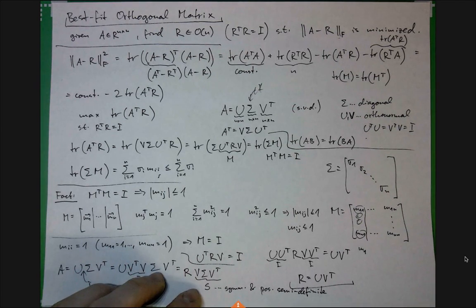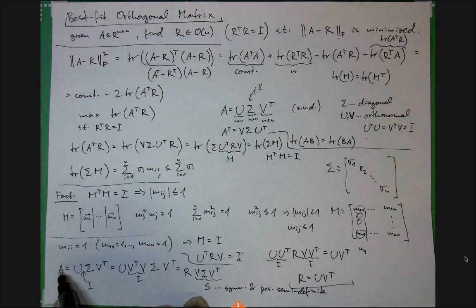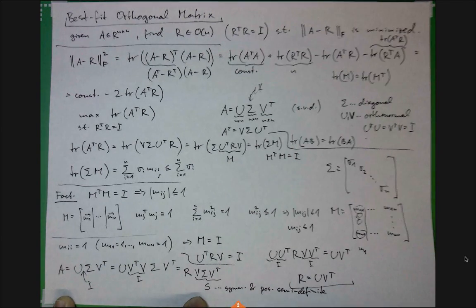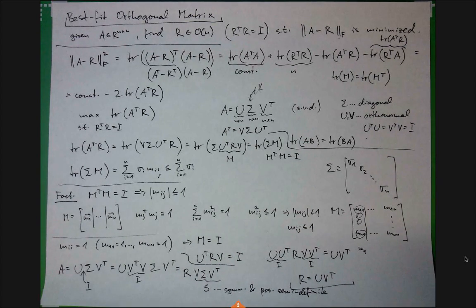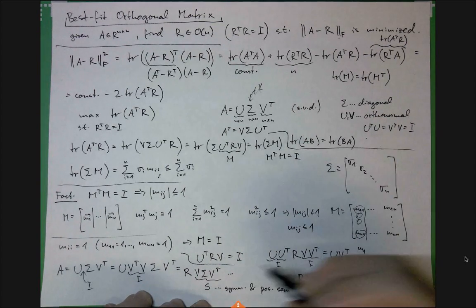That's what a symmetric positive semi-definite matrix means. If A was invertible, then I could say it's positive definite. The semi-definite only means that in the sigma there can be some zeros. If there were no zeros, if A was invertible and there are no zero singular values, then S would be positive definite. And this is what is called polar decomposition.